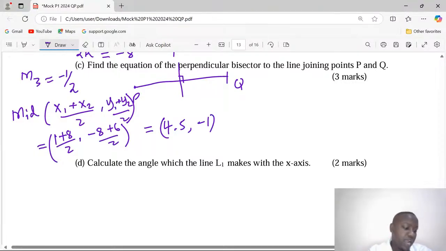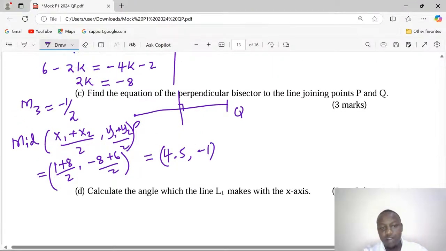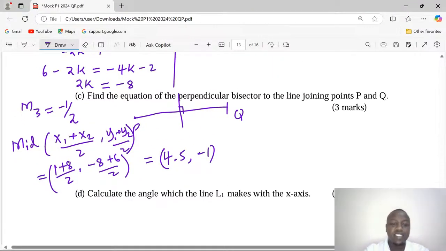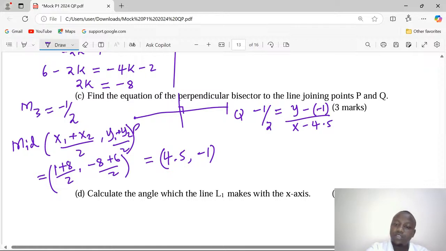So now we have a coordinate where the perpendicular bisector passes, and we have its gradient. So we can express the gradient. Negative half equals change in y minus negative 1, divided by change in x minus 4.5. This will be 2y. Remember, minus negative 1 becomes positive.